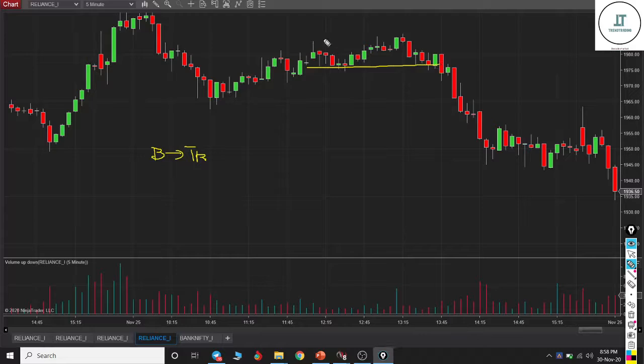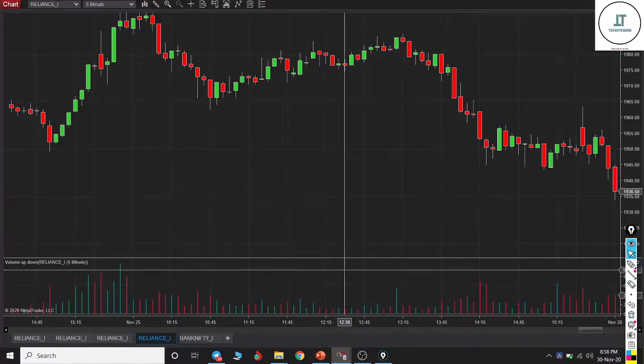Markets are balanced, and in the same way look at the volumes. Volumes are low. Now you will have a question: how can I identify whether it is low volume or high volume? Very simple. There is no fixed number. Just look at this.